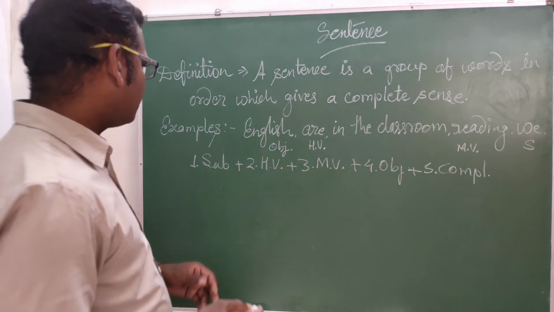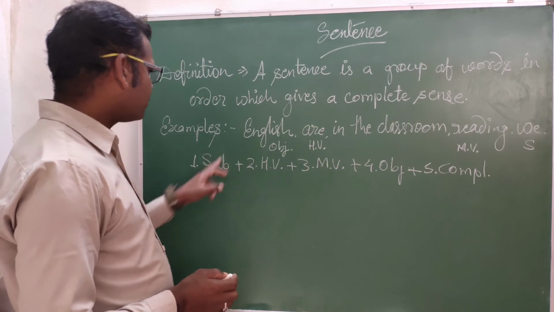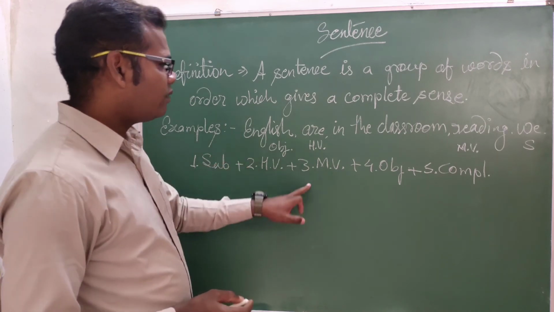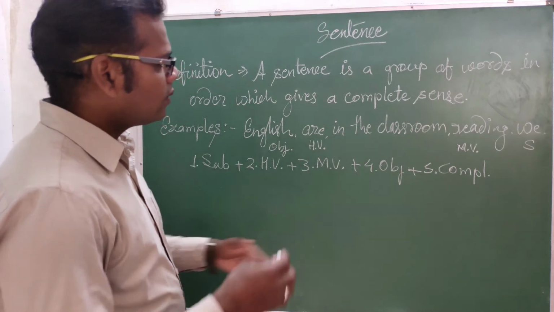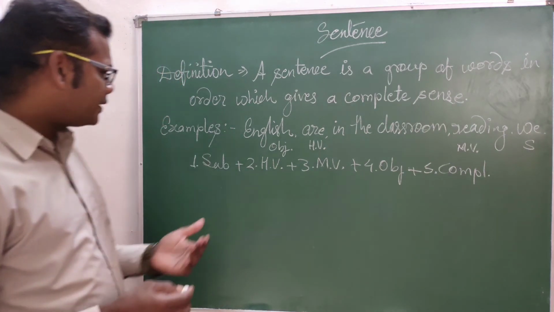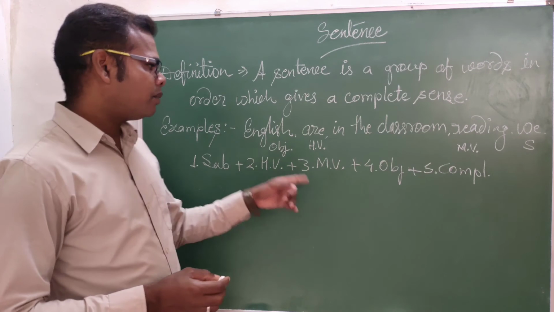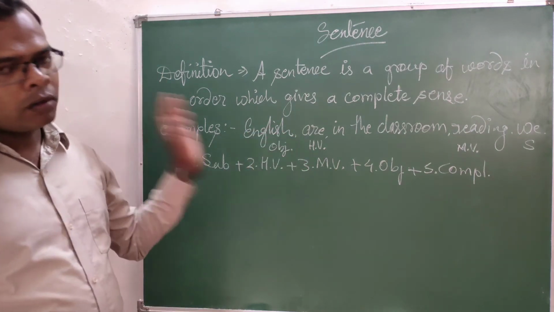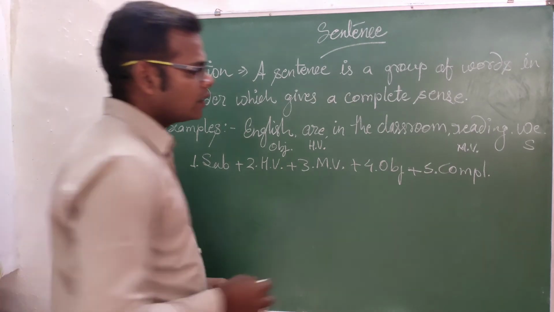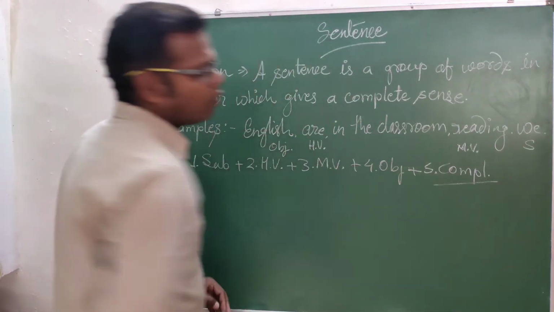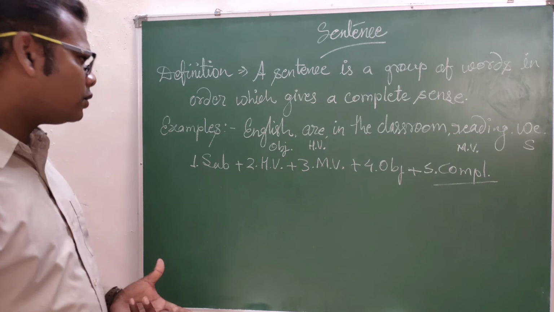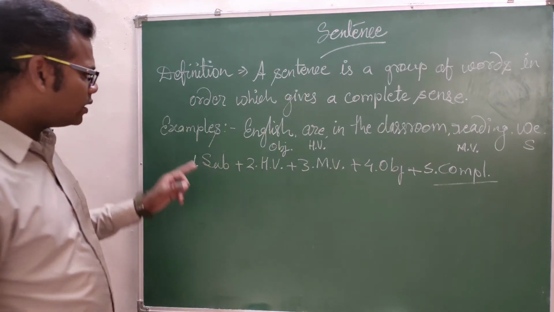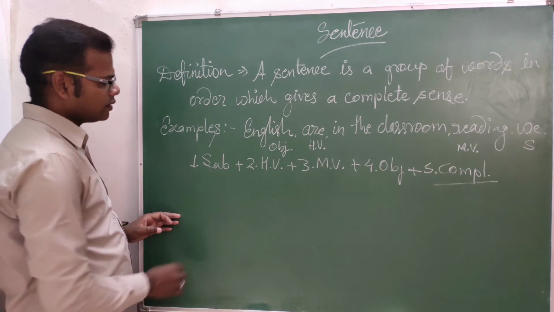So guys, we have identified from these group of words subjects, helping verb, main verb and object. And if we have identified subject, helping verb, main verb and object from the group of the words, rest all the words will be included in the complements. So let's do it. Let's fill up the words in the structure of the sentence.